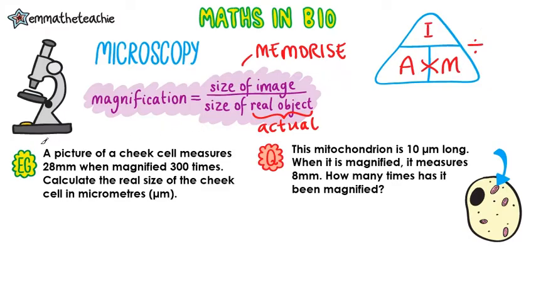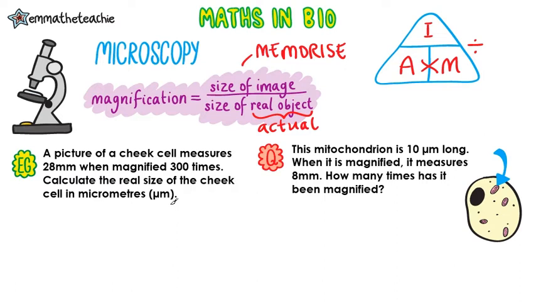Okay, so I'm going to do an example and then you're going to try this question. A picture of a cheek cell measures 28 millimeters when magnified 300 times. Calculate the real size of the cheek cell in micrometers. Okay, so we've got two different units here. This one's in millimeters and we're going to have to give our answer in micrometers.